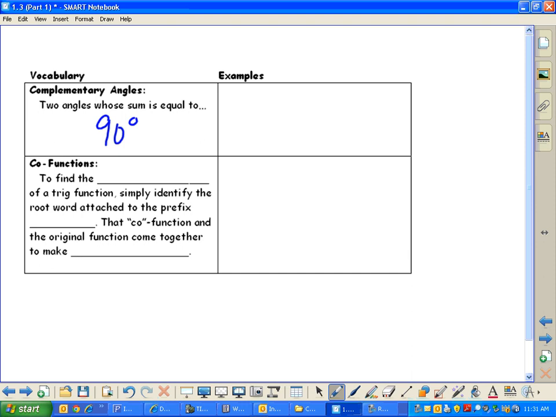So you can pick like 30 plus 60. A 30-degree angle and a 60-degree angle will be complementary. They add up to 90. Or you could do, I don't know, like 40 and 50. 40 degrees and 50 degrees will give you 90 degrees. And we also have radians, right?